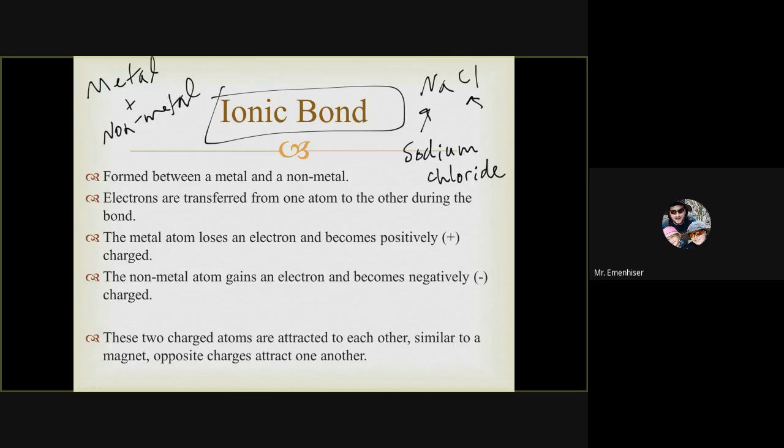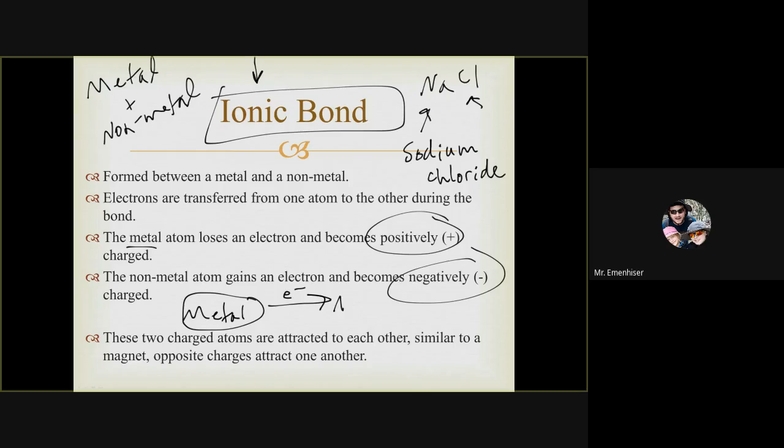We call it an ion, and that's why we call this an ionic compound, and that's why we call it ionic bonding. One atom will become positively charged. That's the metal. The metal will become positively charged, and then nonmetals will become negatively charged. So the metal is going to lose an electron. Here's my metal. It's going to give an electron to the nonmetal.